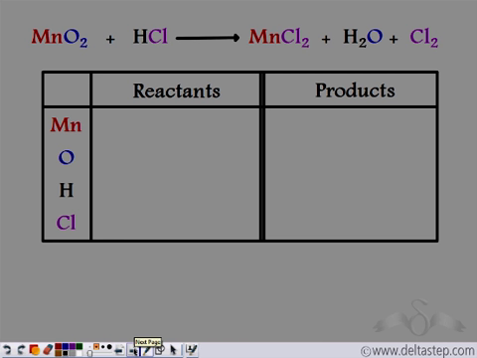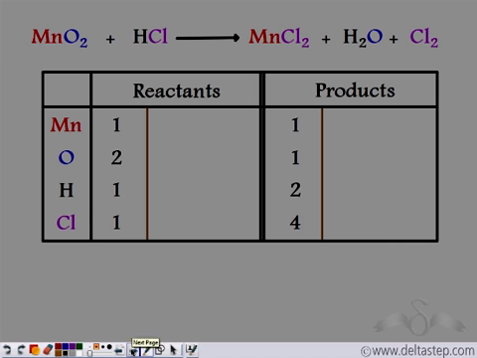So for manganese we have 1 atom, oxygen 2 into 1, 2, hydrogen 1, chlorine 1. On the product side we have 1 manganese, oxygen is 1 into 1, 1, hydrogen is 2 into 1, 2, and chlorine is 2 plus 2, 4. So we see chlorine is sitting alone, that is, it's a species present alone, so we will balance it in the end.